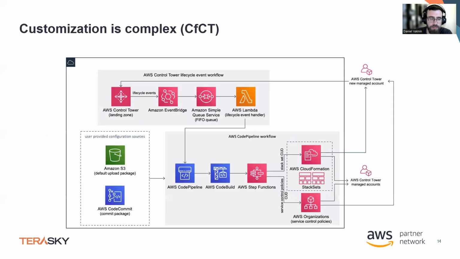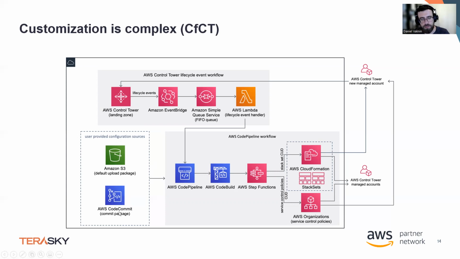Now, we talked a little bit about how to customize Control Tower, and as you can see here, CfCT is Customizations for Control Tower. Basically, this is how the customizations work. I will not go over this whole thing because it's not the main purpose of this webinar, but I will just show you how complex the solution is. If you want to customize Control Tower, you need to create this package in a specific way, then upload it to S3.